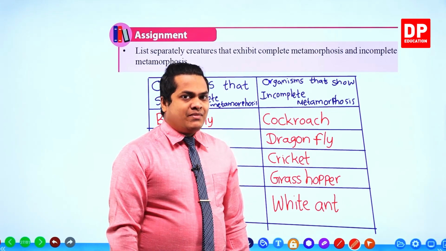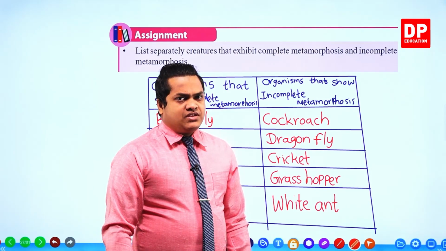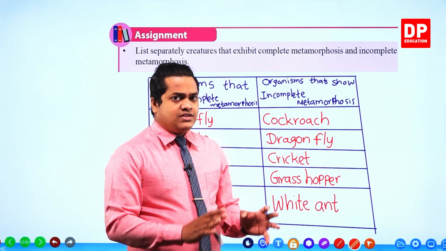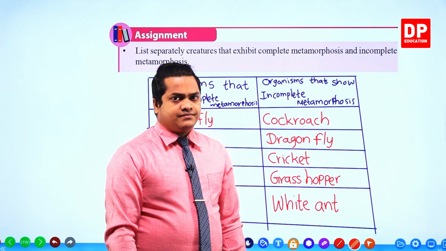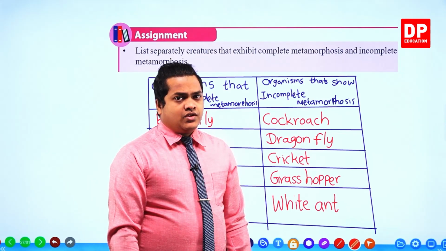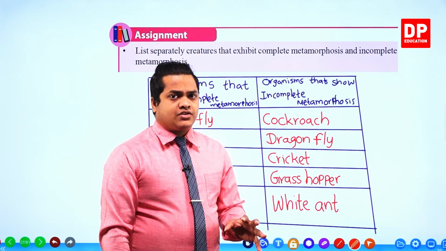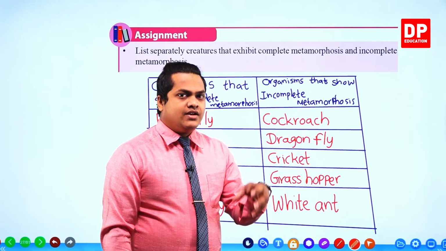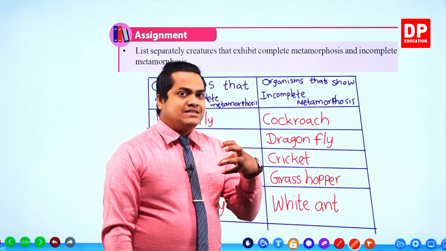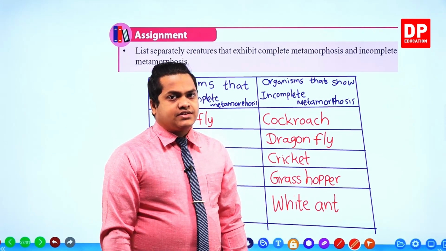So what is incomplete metamorphosis, right? What is the meaning of that? Within incomplete metamorphosis, there are no significant changes within the life cycle stages, right? The nymph which is coming out is having similar features or characteristics to the adult itself.